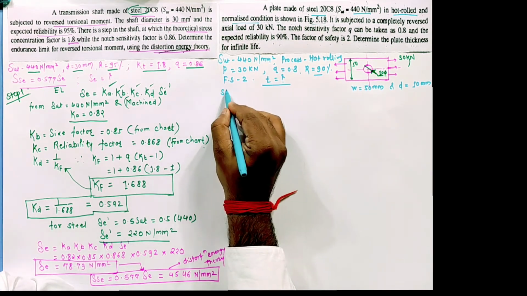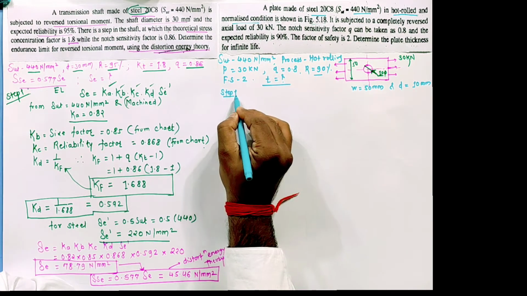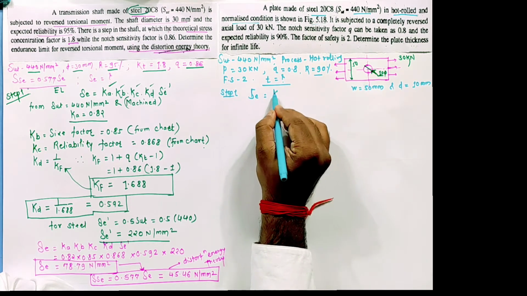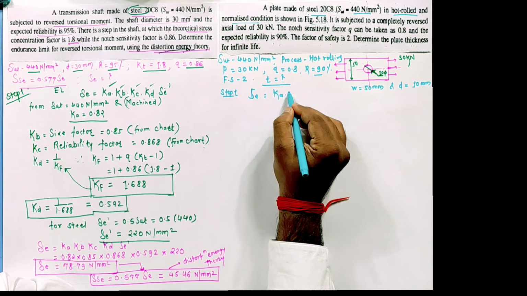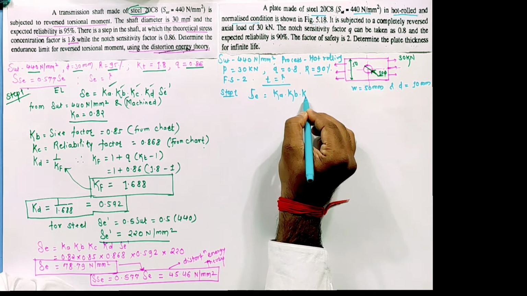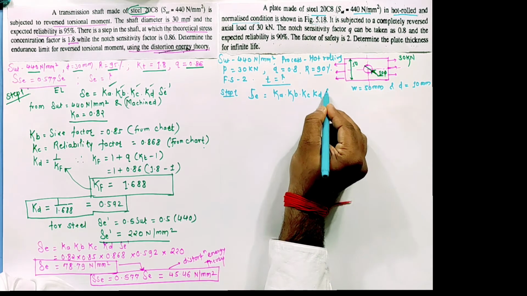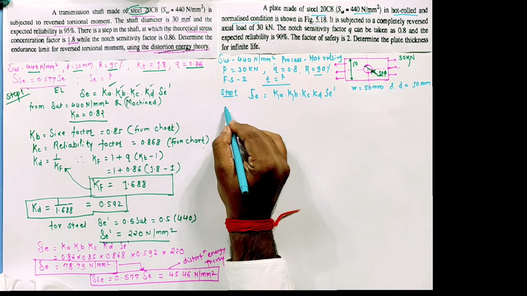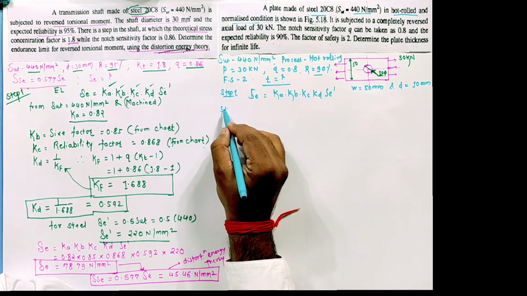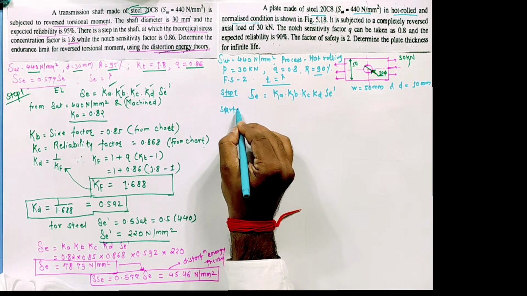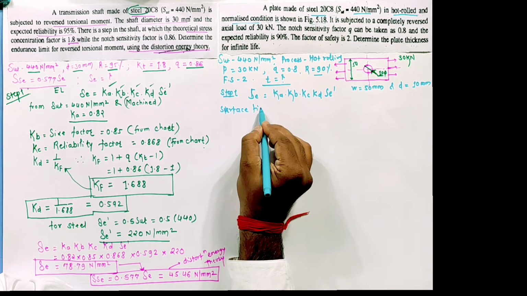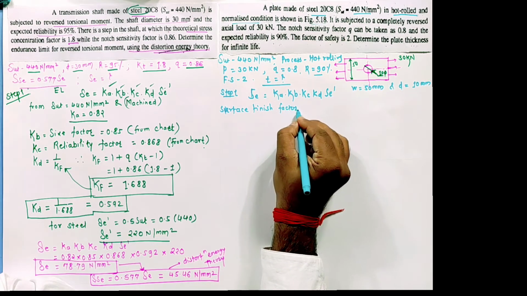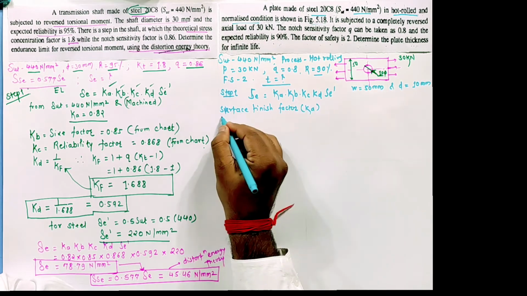So first, step number 1, that is Se is equal to Ka, Kb, Kc, Kd, Se dash. Correct? One by one. For Ka, I'll write surface finish factor Ka.